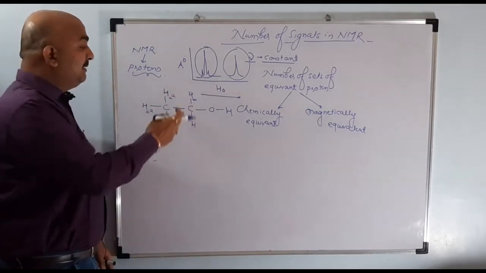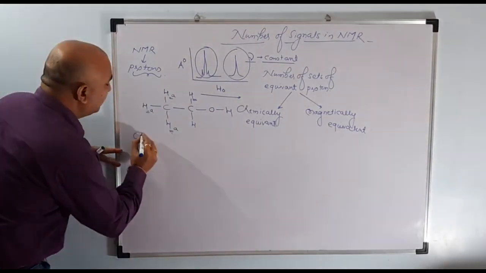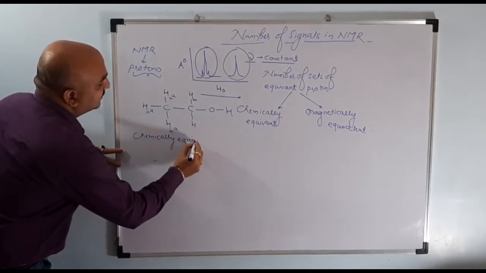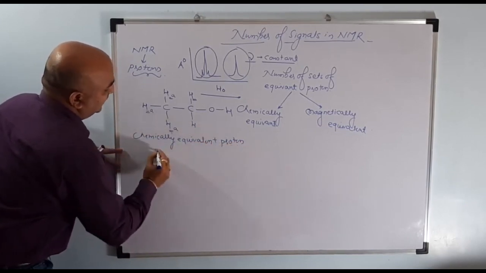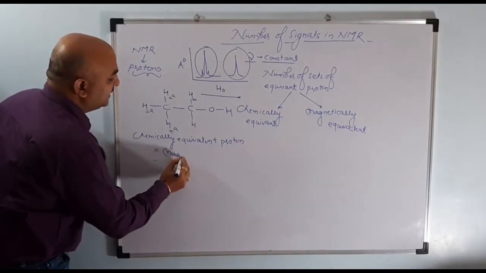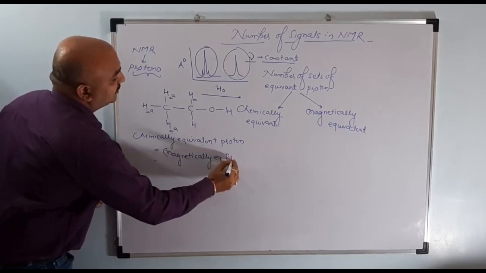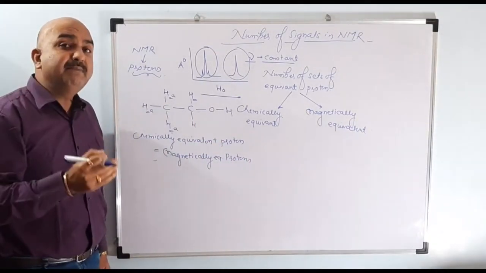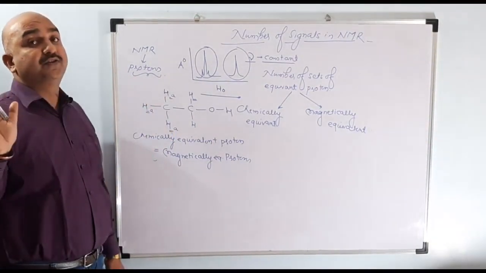So these are chemically equivalent, and we know that chemically equivalent protons are always equal to magnetically equivalent protons. Means these three protons absorb the same magnetic field for excitation. Are they chemically equivalent? That's why they are magnetically also equivalent.